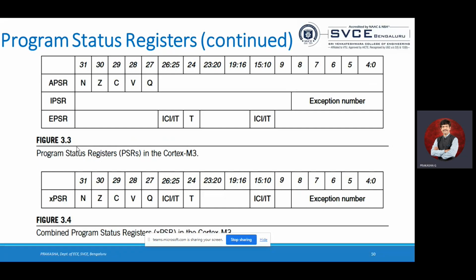Is this the value? 32,767. 0111. Is that correct? Yes or no?